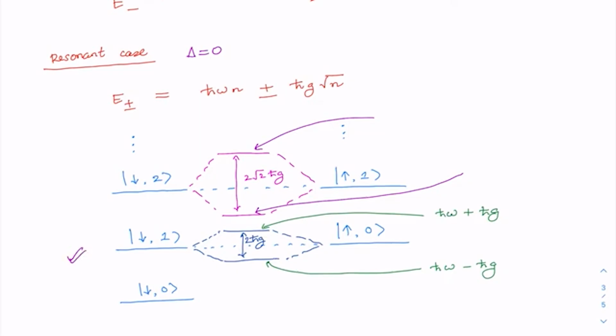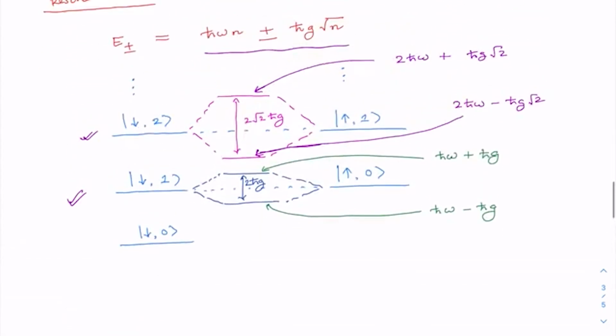This splitting is twice h cross g, and for this case the energy levels get split by 2 root 2 times h cross g. This excited energy state would be, from this expression, twice h cross omega plus h cross g root 2, and this one would be twice h cross omega minus h cross g root 2. So that's why the splitting is 2 root 2 times h cross g.